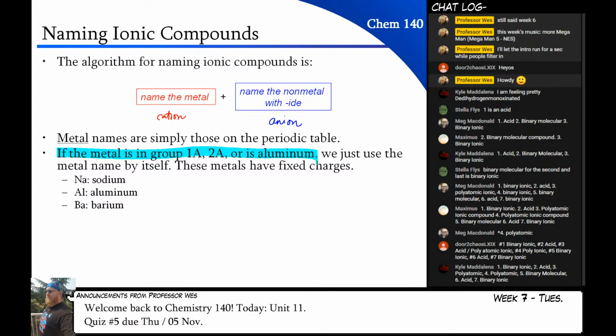The reason that you're writing its name is because those elements have what are known as fixed charges. They follow the octet rule. So even though sodium has a +1 charge, it will always have a +1 charge, and therefore you don't need to worry about mentioning its charge in its name. When you say sodium, it's always sodium as +1.